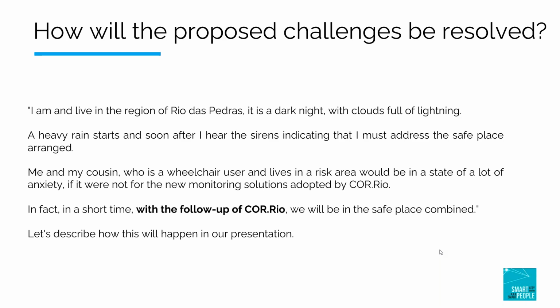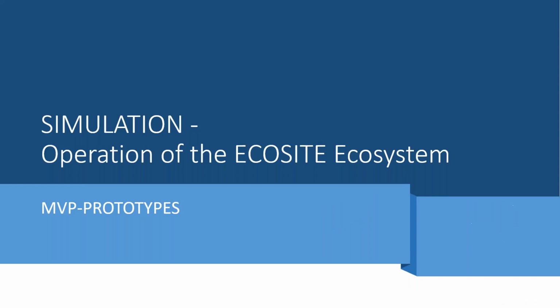We created a fictional situation with two people who live in different areas with different problems. After our solution, they can sleep and have good dreams, because now they know that someone takes care of them. And this is the real situation that we have. Let's see what we have.